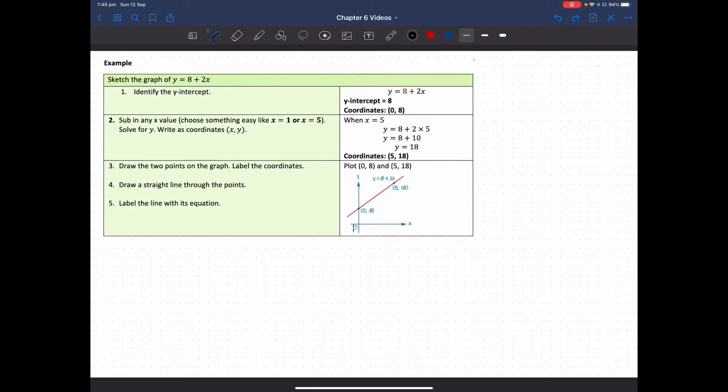For this example, you have been asked to sketch the graph y equals 8 plus 2x. The first thing we're going to do is, because we've been given the equation, identify the y-intercept. If you remember, y equals a plus bx, so the y-intercept is 8.